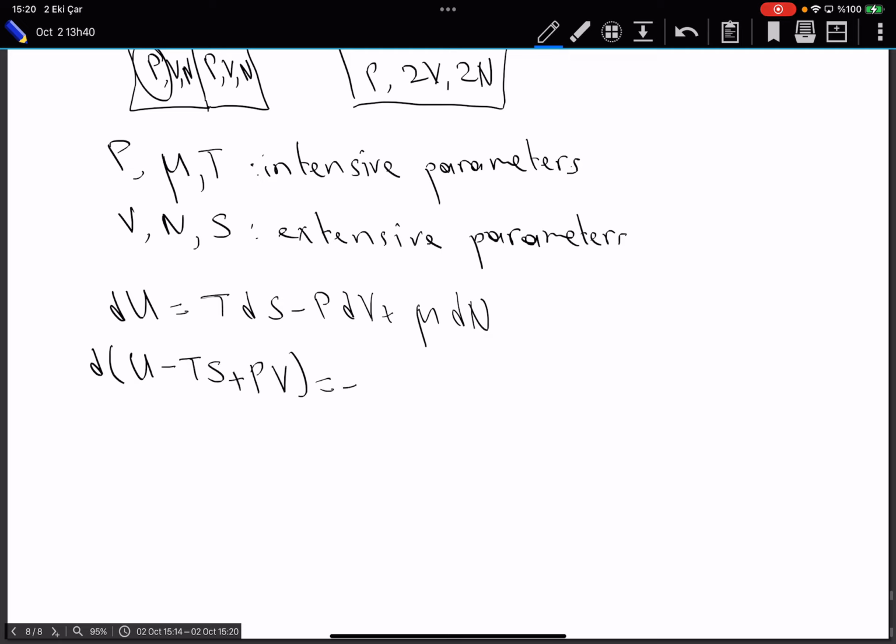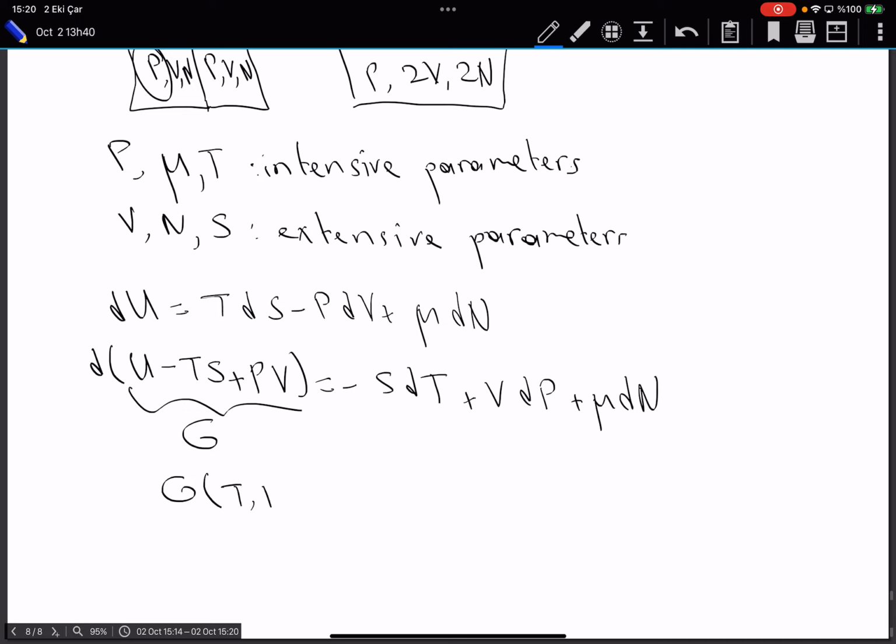This will be minus S dT plus V dP plus mu dN. Let me call this G. Well, G, if I write it as a function of temperature, pressure, and N, if I just take the derivative with respect to one, keeping the others fixed, it will give me the entropy, volume, and the chemical potential.